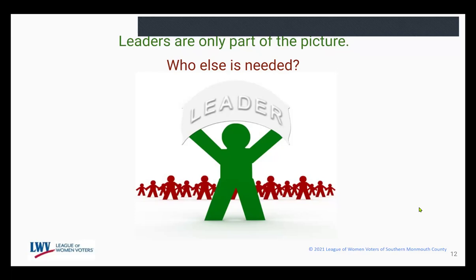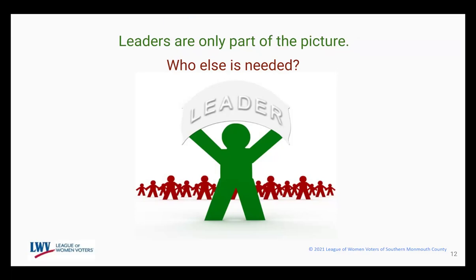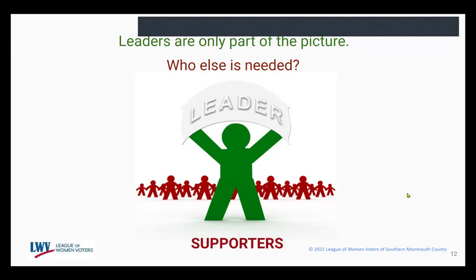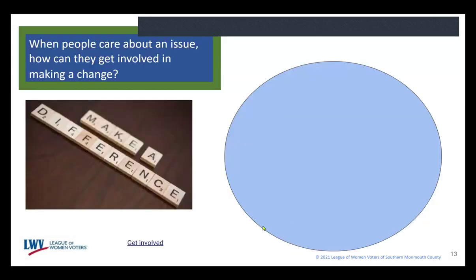So this is kind of the wrap up slide. Leaders, we all agree, are really only part of the picture. In order to have someone who is an effective leader, who else is needed? And I will often ask the kids for the word and they'll come up with something like supporters. Okay, so when people care about an issue, how can they get involved in making a change?